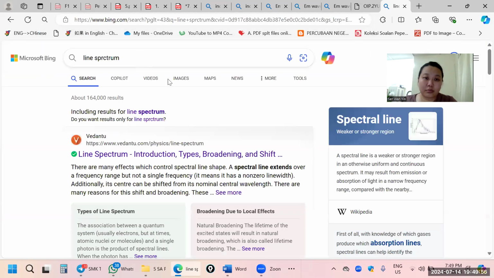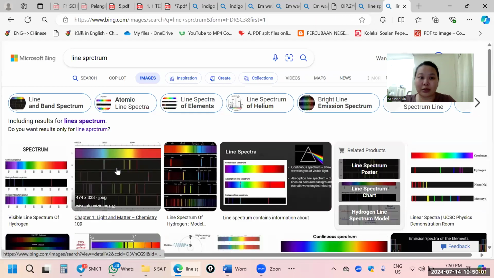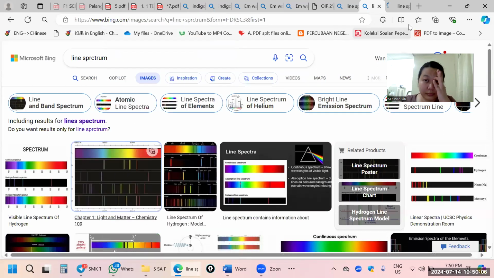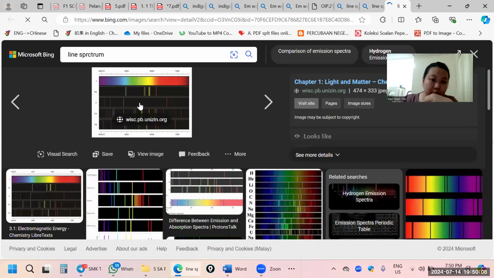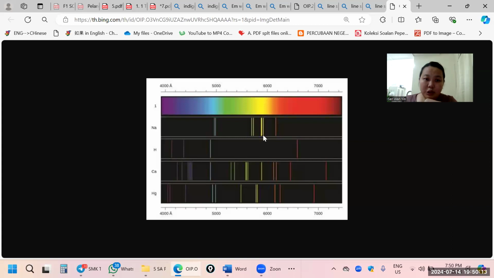Okay, any material has its own specific line spectrum. So you can see. They shine light on Hg, mercury, Ca, calcium, H, hydrogen, and Na, sodium, and then they give out line spectra like this.